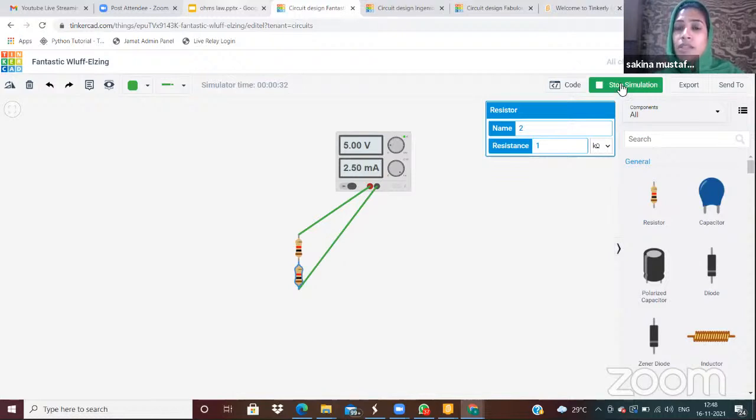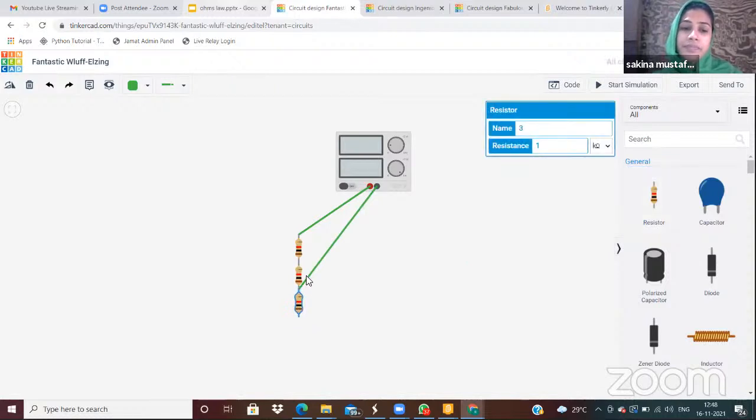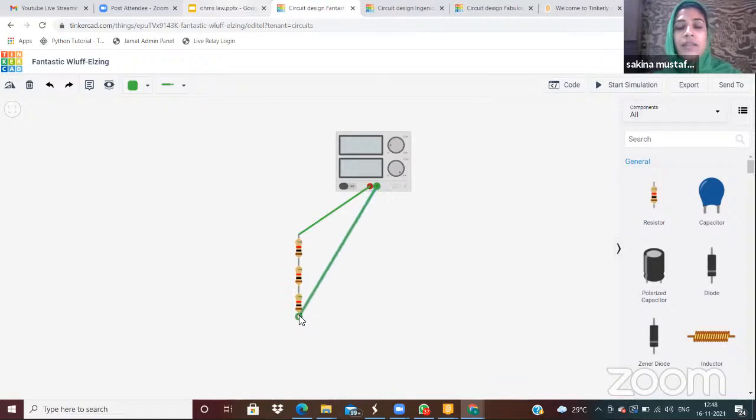So this is how it is in a series. Now, if we are using the 3, we know 1.67 when we increase the value. Now, if we connect it in a series, right? The resistors are connected in a series. So there is a 3k ohm resistance and the current is 1.6 milliampere. This was all about when the 5 volt is there.